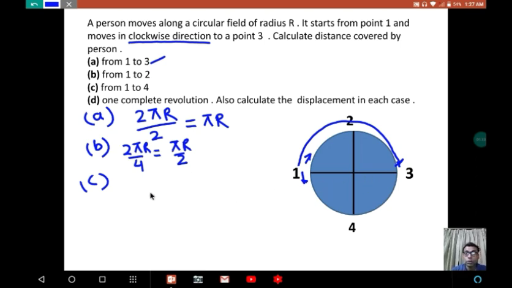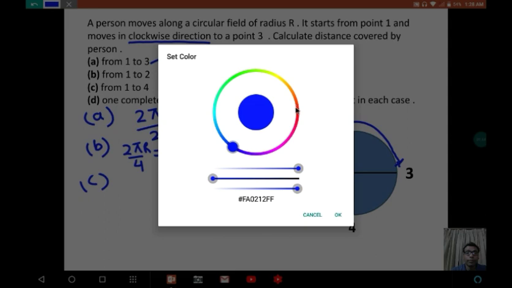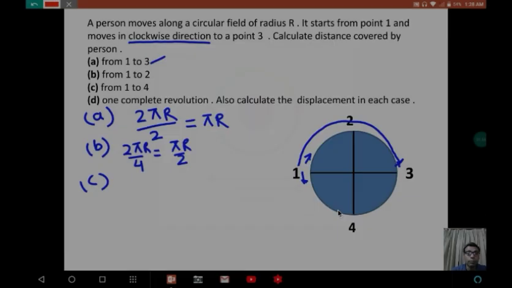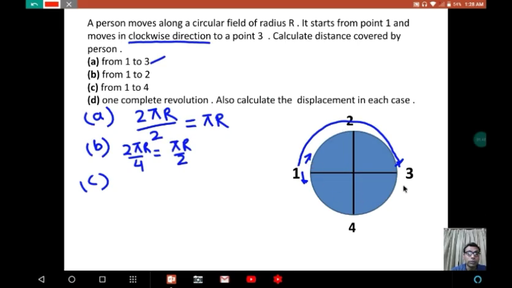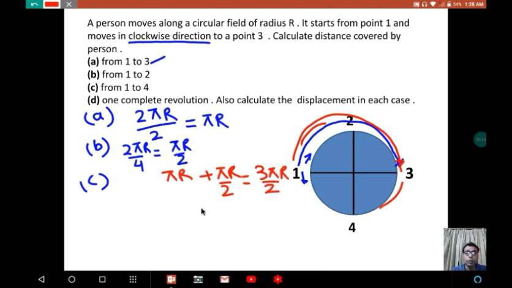So we add a quarter and the semi-circular part. So pi r plus pi r by 2, which is equal to 3 pi r by 2.